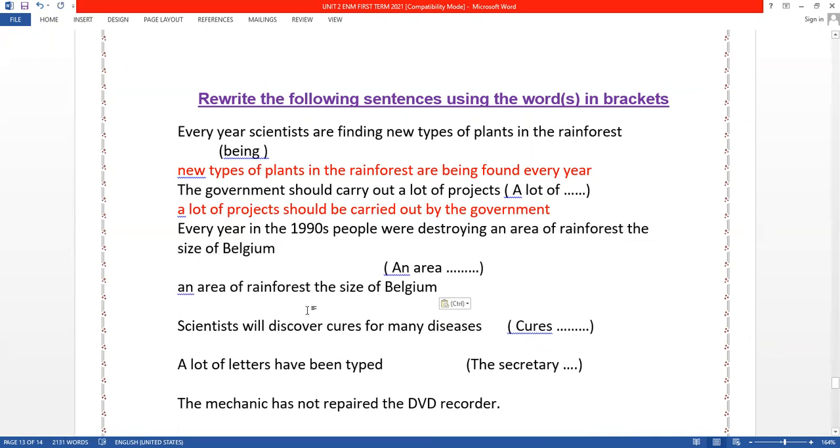An area of rainforest the size of Belgium was, of course, being destroyed every year in the 1990s by people. Okay.